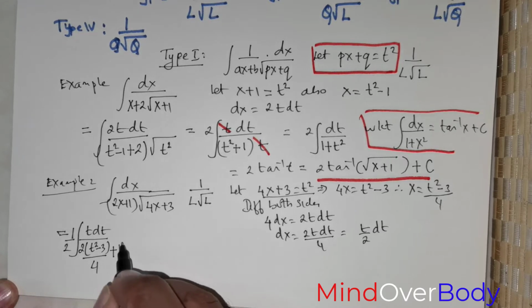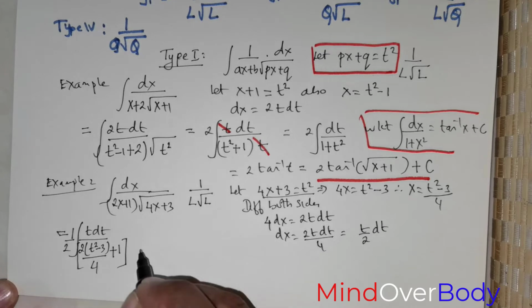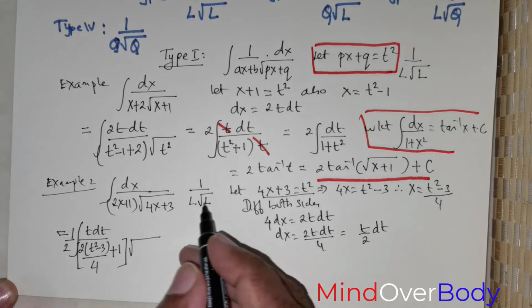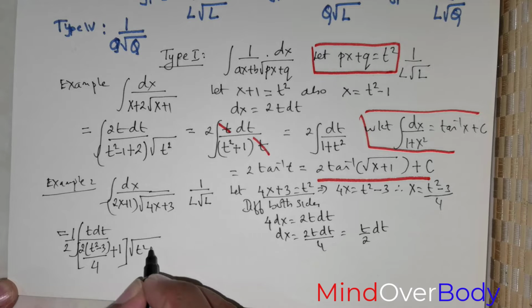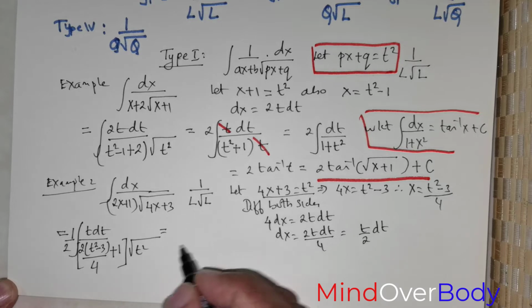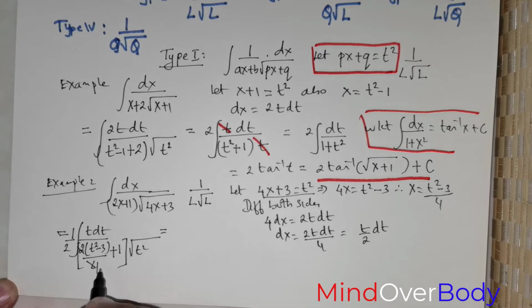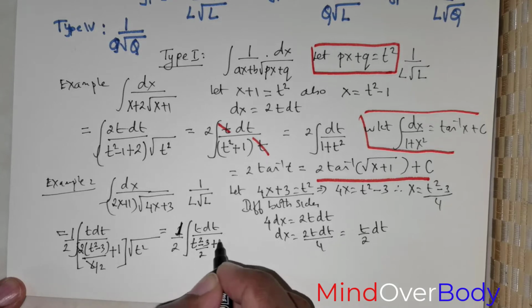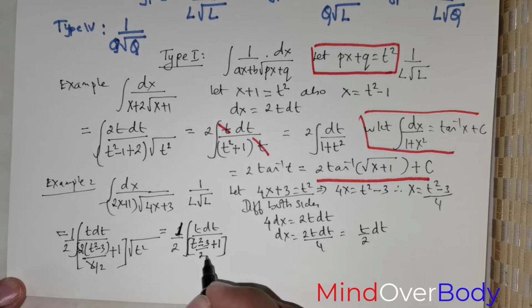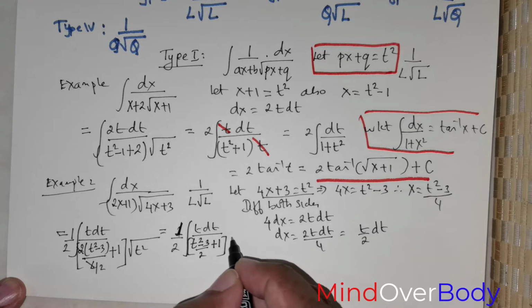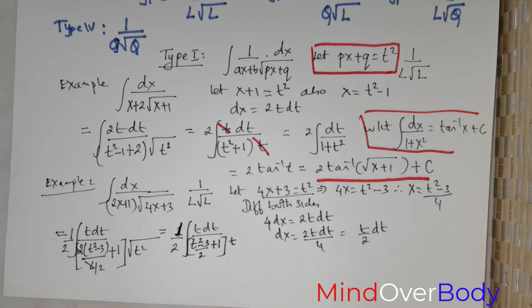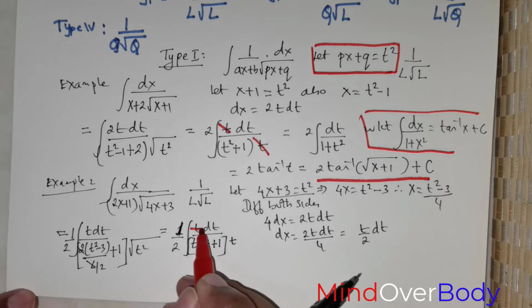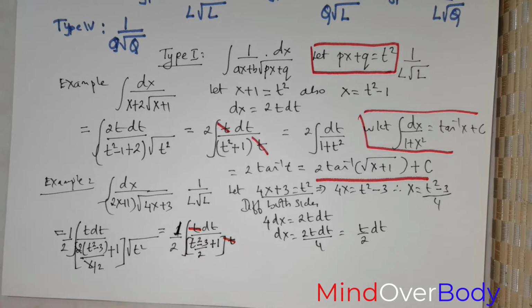I have a positive 1 times square root of 4x positive 3, which is t squared. Now I can rewrite this as 2 times t squared negative 3 divided by 2 positive 1 times root of t squared, that's going to be t. So clearly the t that we see here can be cancelled.